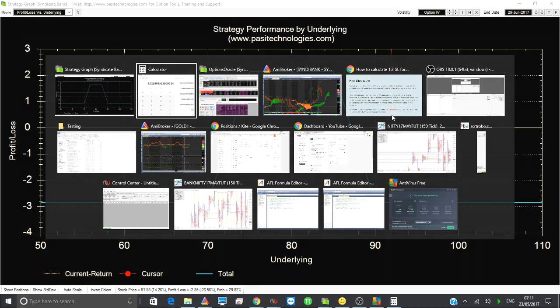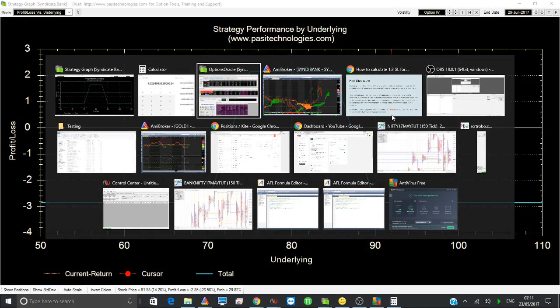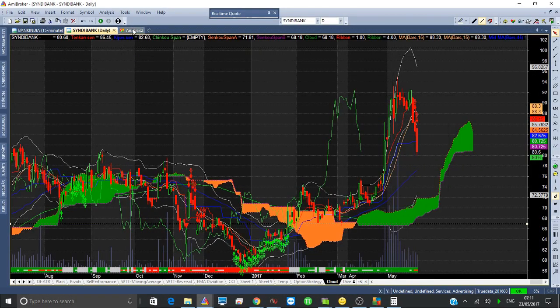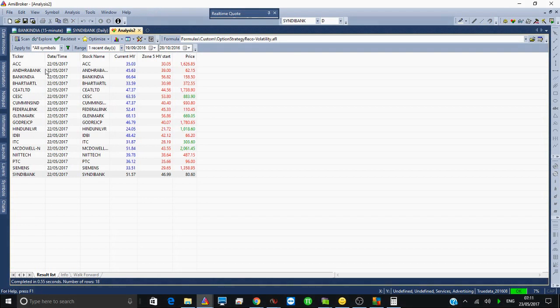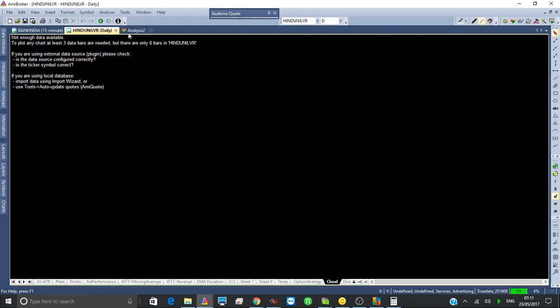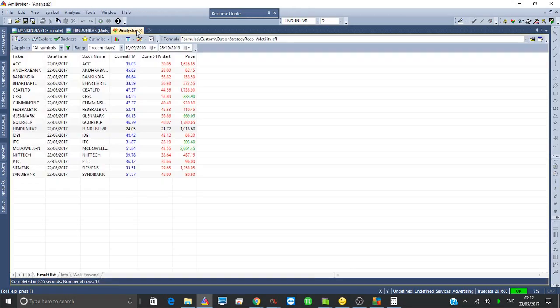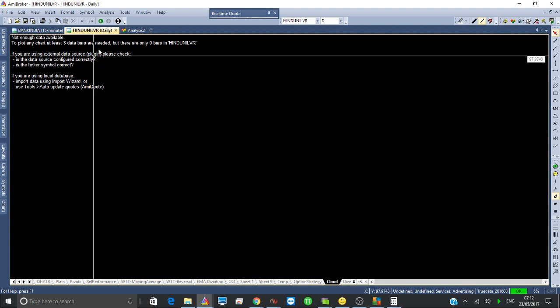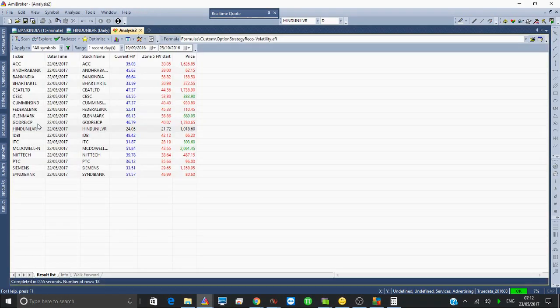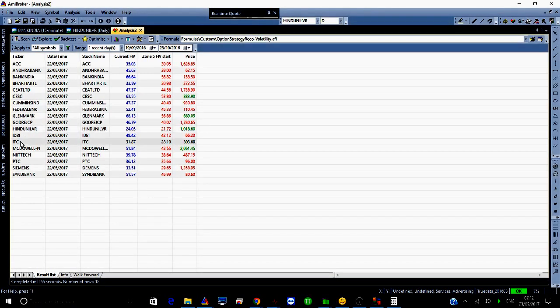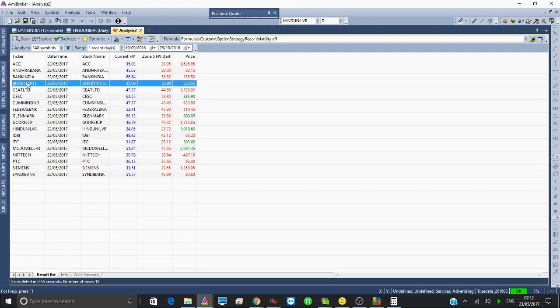Okay. Now let's quickly look at something else. Let's look at Hindustan Unilever. Here, Hindustan. Why is there no data? Okay, let's look at ICICI, Bharti Airtel.